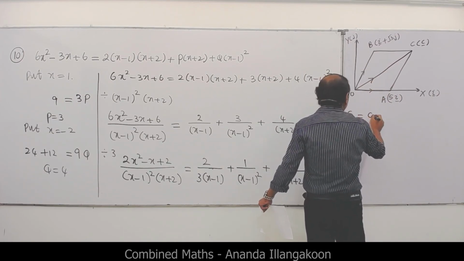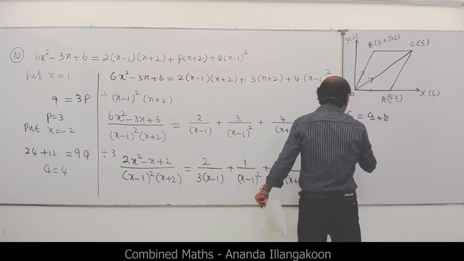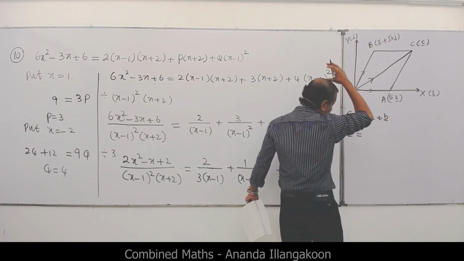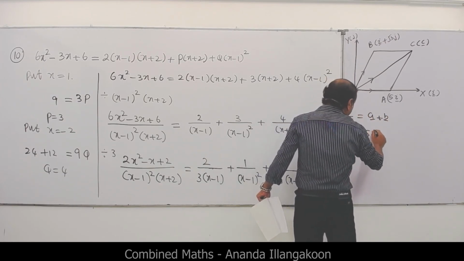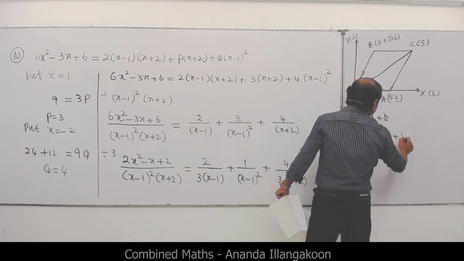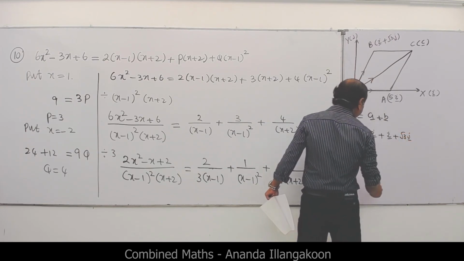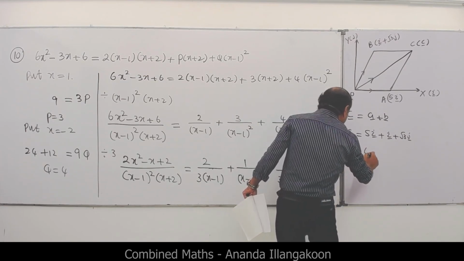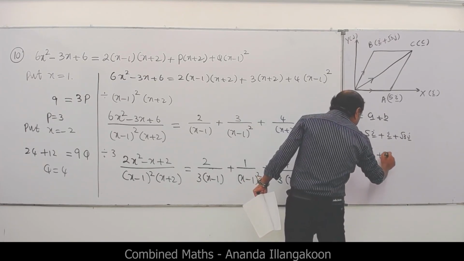Vector C is equal to A plus B. Vector C is equal to 5i plus vector B is i plus root 3j. Then vector C is equal to 6i plus root 3j.